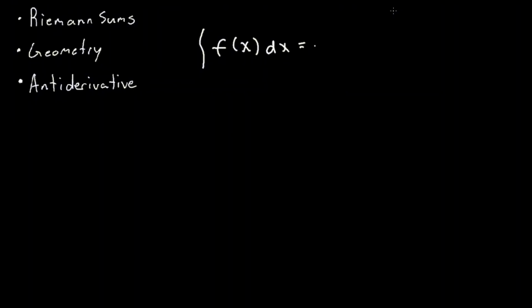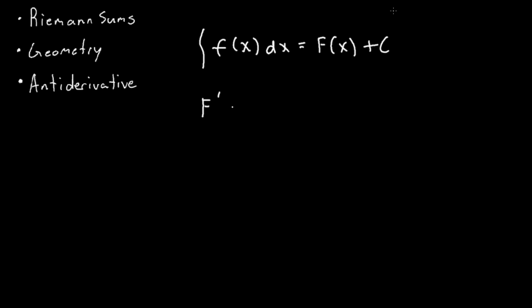The integral of your function is equal to capital F plus some arbitrary constant. You don't need to worry about this arbitrary constant right now. I will show you that in another indefinite integral video. But in essence, the arbitrary constant is something that you lose when you take a derivative. So the antiderivative, or the integral, is equal to capital F of x.